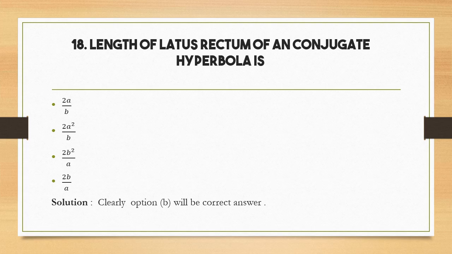But a conjugate hyperbola is given by y square by b square minus x square by a square equal to 1, which is the reverse case. Therefore, if a hyperbola is x square by a square minus y square by b square equal to 1, its conjugate hyperbola is y square by b square minus x square by a square equal to 1, and its latus rectum is given by 2a square by b. Therefore, option B will be the right answer for this question.